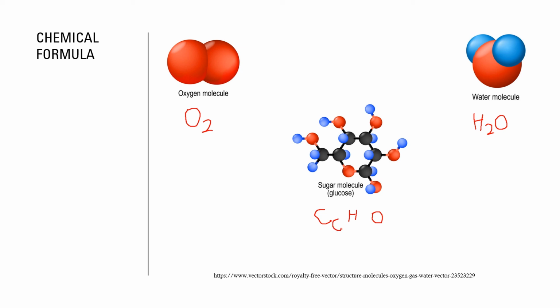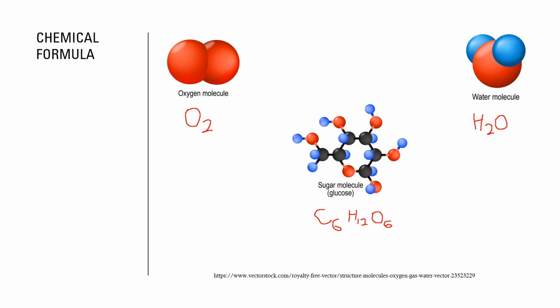So the formula starts with C6. The H comes afterwards, 1, 2, 3, 4, 5, 6, 7, 8, 9, 10, 11, and 12. I have 12 blue hydrogens in my diagram. And for the oxygen, the red ones, 1, 2, 3, 4, 5, and 6. So the final chemical formula for this one is C6H12O6.